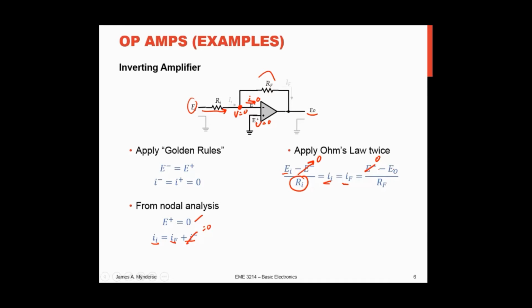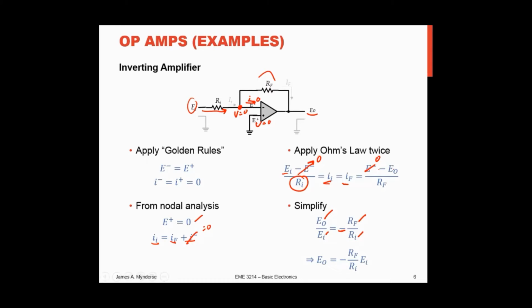So I can rearrange and simplify, and I get the output voltage over my input voltage equals negative feedback resistance divided by the input resistance, and one more rearrangement, and I get my output voltage, which is what I want, is now the input voltage times the ratio of those two resistors times -1, okay?